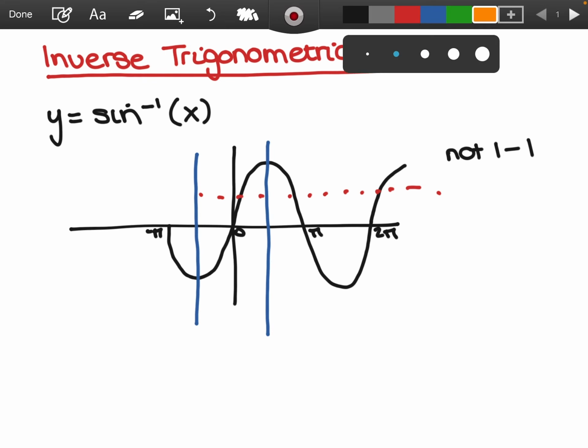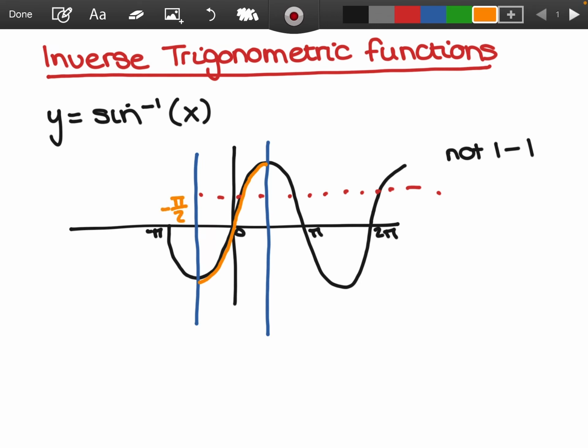So I'm just going to be looking at this section of the graph here. In order to make it 1-to-1, I'm just going to restrict this domain to between -pi/2 and pi/2. Because within that restricted domain, sine of x is 1-to-1, and therefore I can find its inverse.